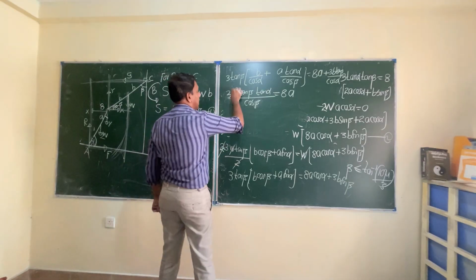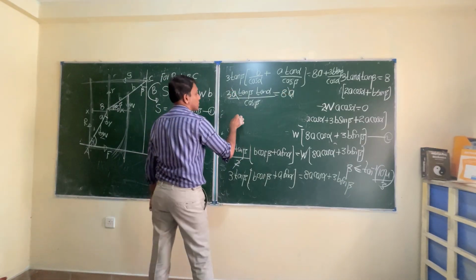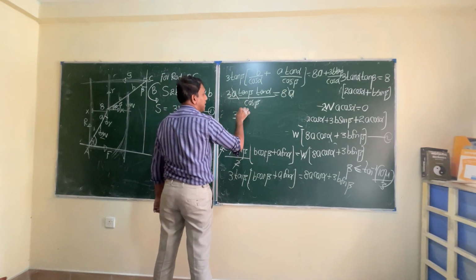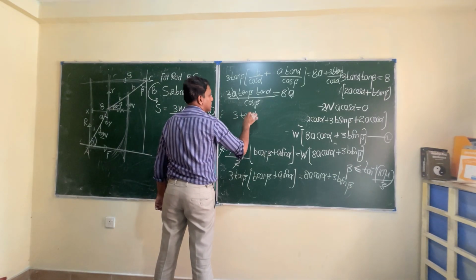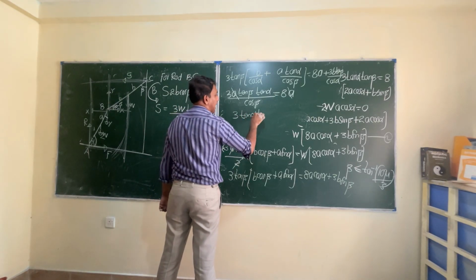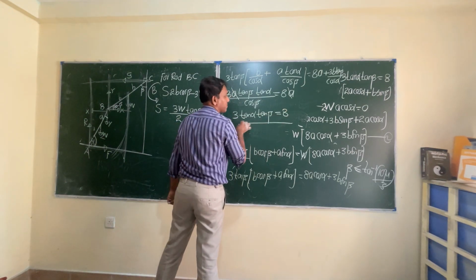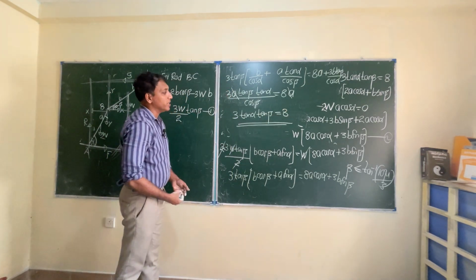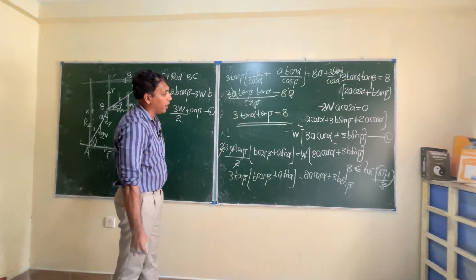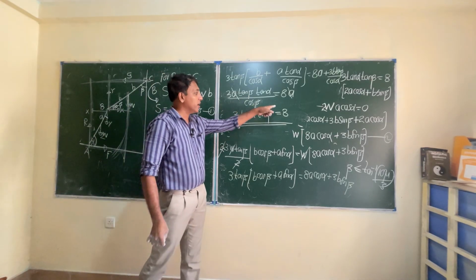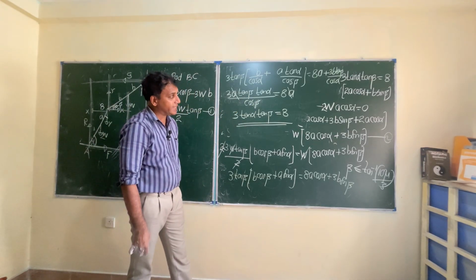So on both sides a cancels. I see 3 tan alpha tan beta equals 8. 3 tan alpha tan beta equals 8.